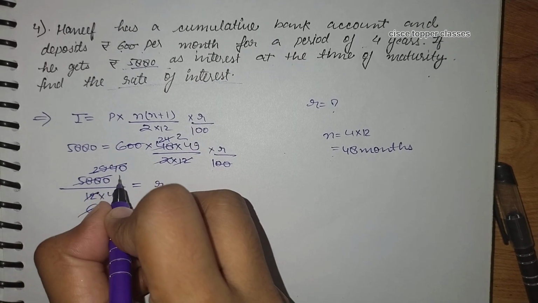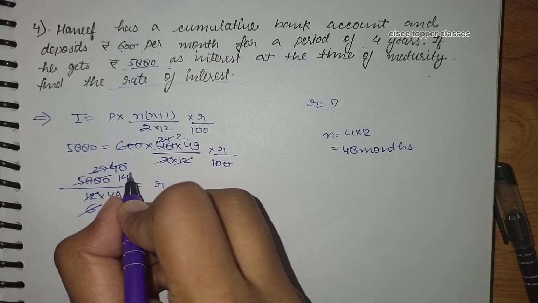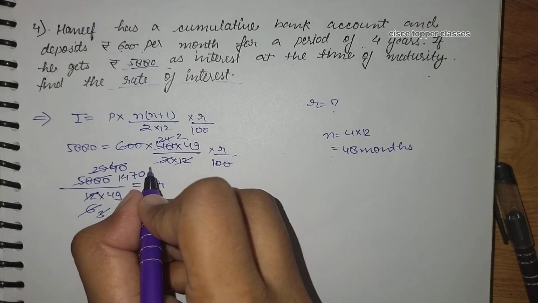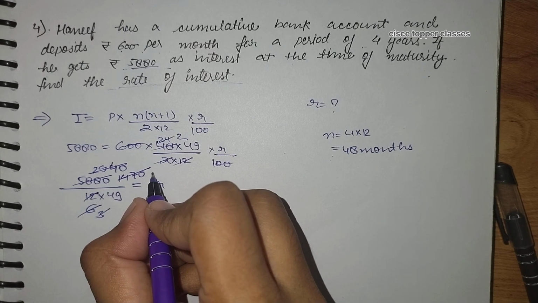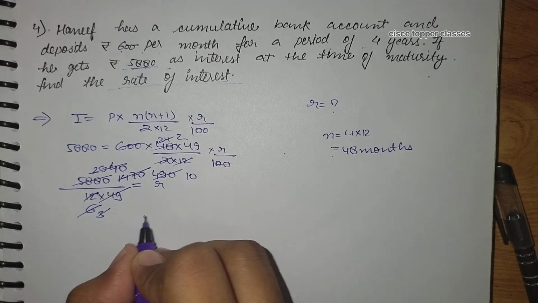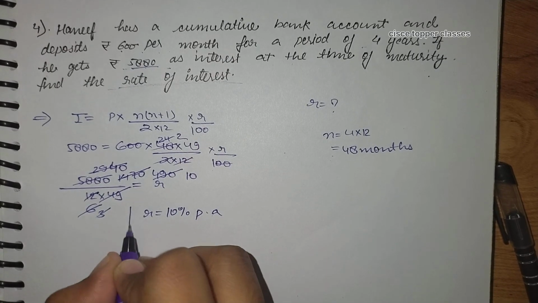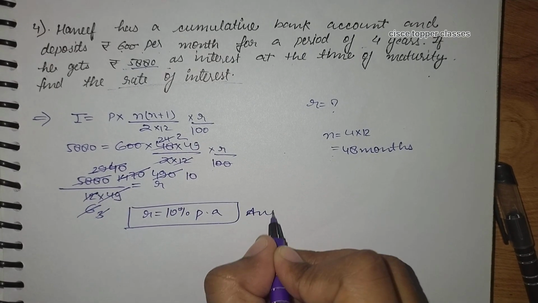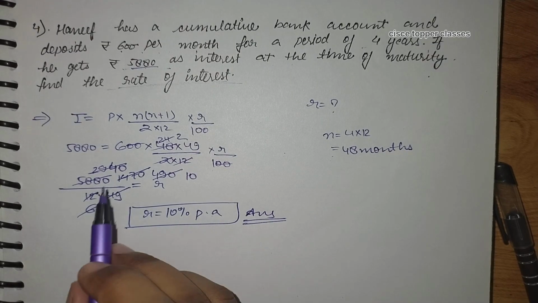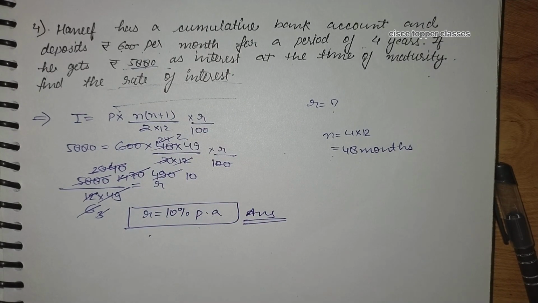Again 3 here, 1, 4 and 70. This will be cancelled out by 4, then 27, 490, and this will be 10. This means the rate percent is 10% per annum in this question. So this is the final answer here, and this is the solution. We only have to find the rate of interest, hence the rate of interest is 10%.